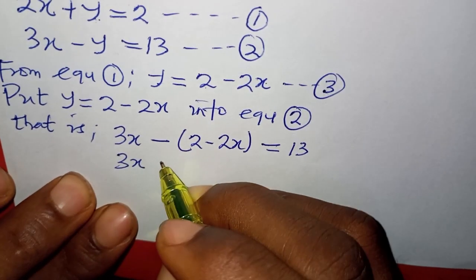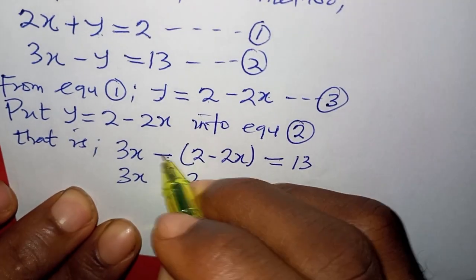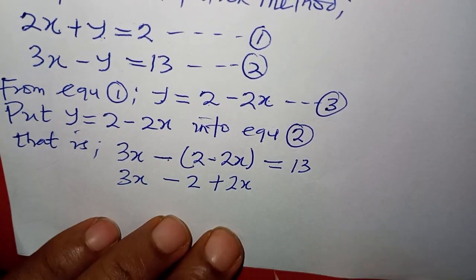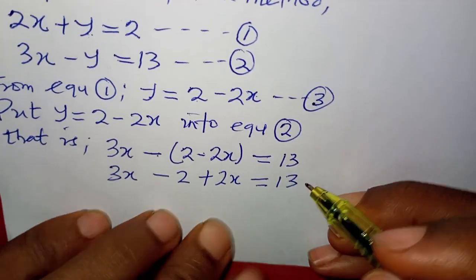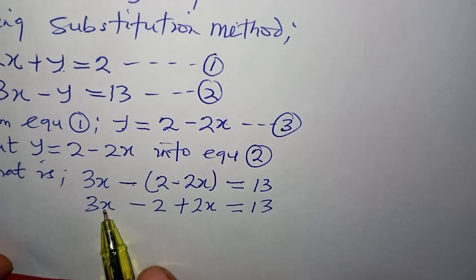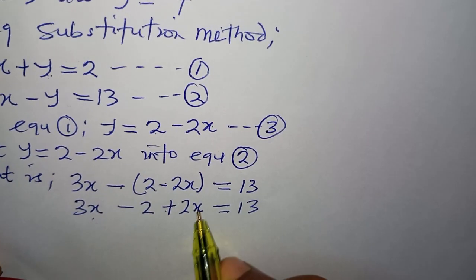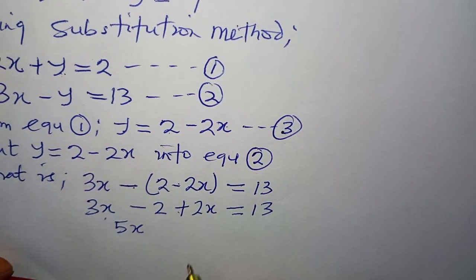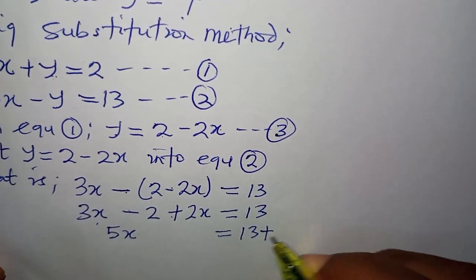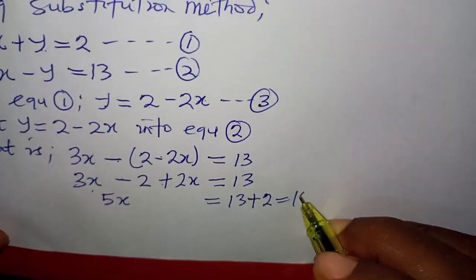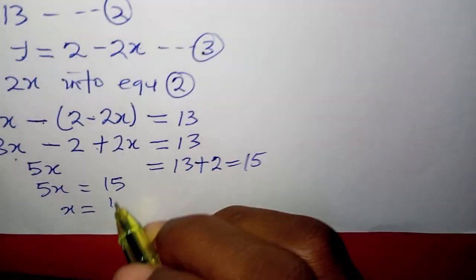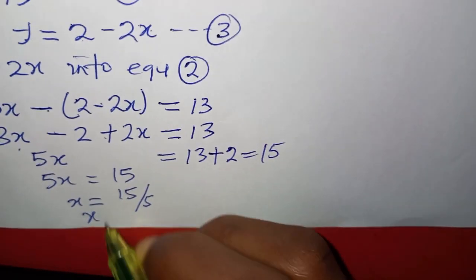So 3x minus 2 plus 2x is equal to 13. So collect like terms. Collecting like terms, we have 3x plus 2x, which gives us 5x, which is equal to 13 minus 2. The 2 crosses over and becomes a plus, which is 13 plus 2, making 15. So it means 5x is equal to 15. So x is equal to 15 over 5, which makes x to be 3.